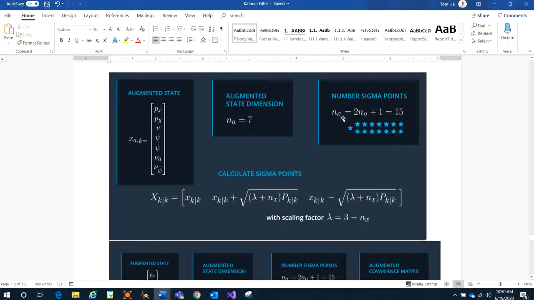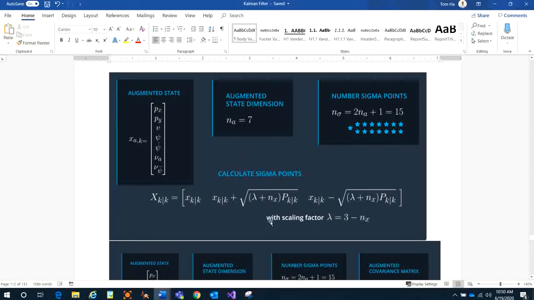You know the number of sigma points before was 11. Now with 7 plugged into the formula, we have 15 columns. So we have 15 sigma points and 7 rows.